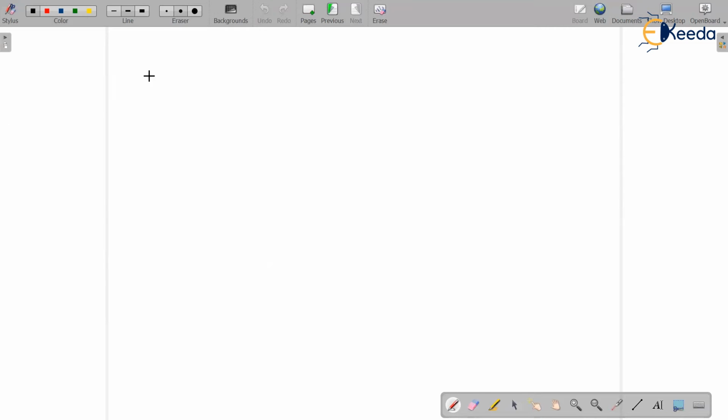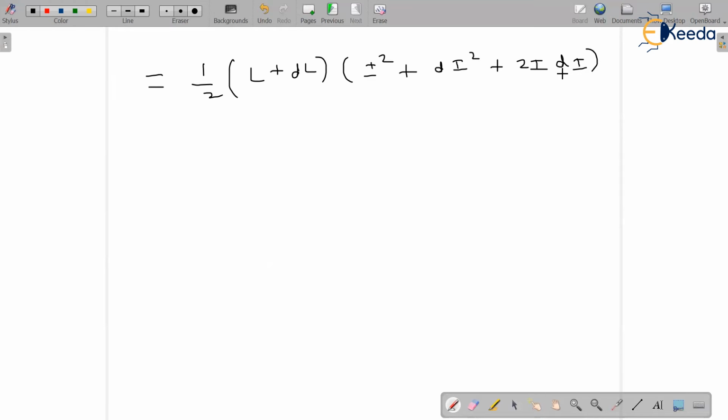So this gives rise to half (L plus dL)(I square plus di square plus 2I di) minus half Li square.